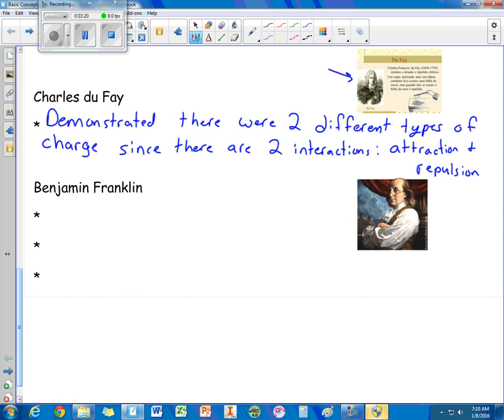So what Charles Dufay thought was that, since there's this attraction interaction and this repelling interaction, there must be two different types of charge. And in some ways, he was correct in thinking that.